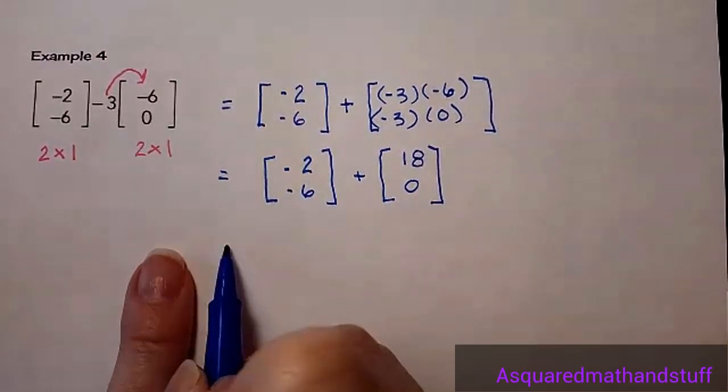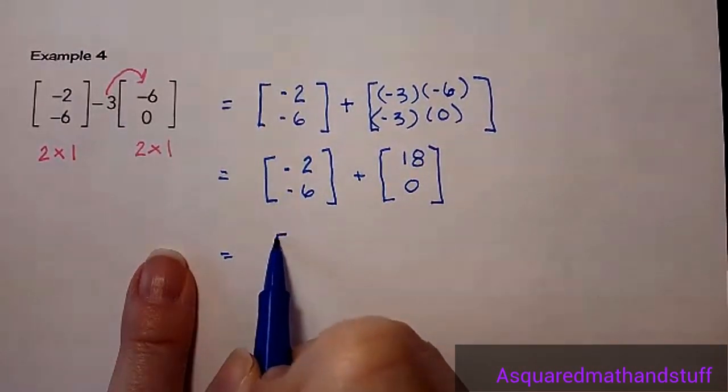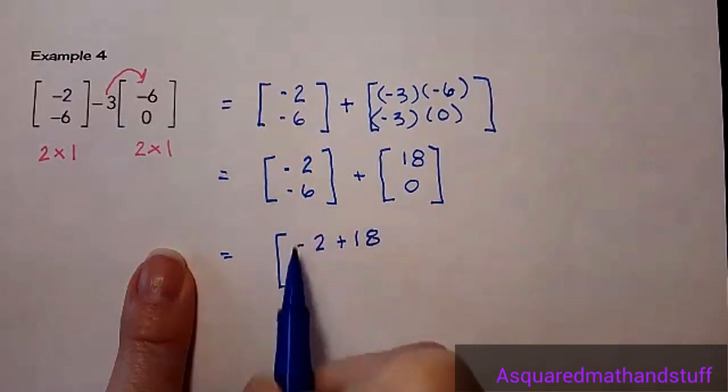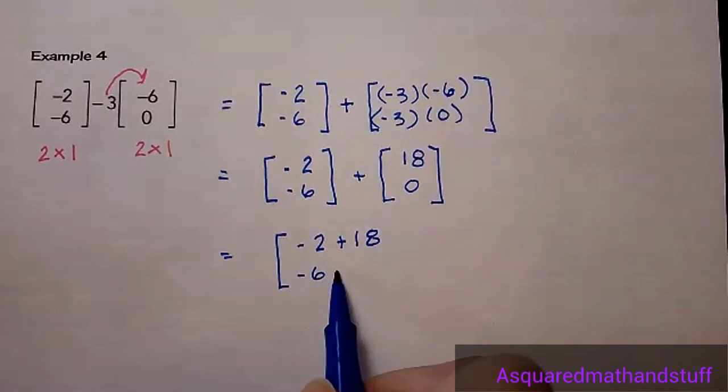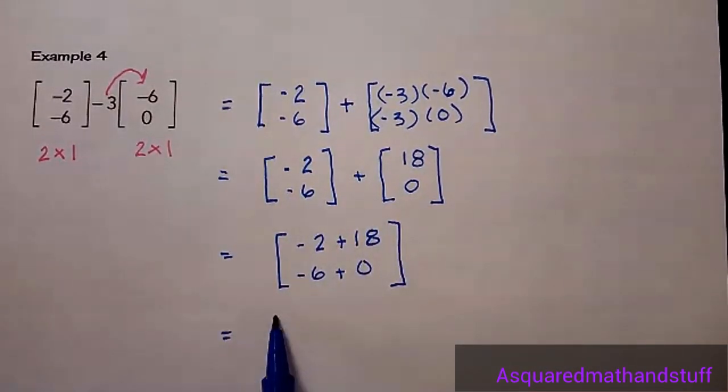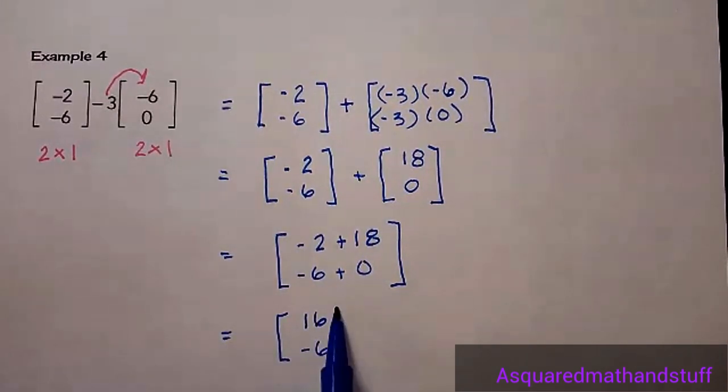Add those like positions, and we end up with negative 2 plus 18 and negative 6 plus 0 for a final answer of 16, negative 6.